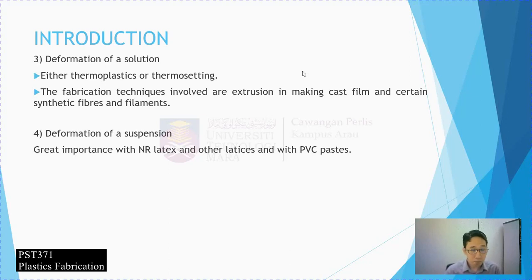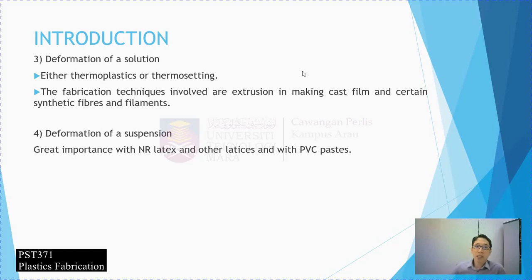It doesn't matter. Both of these industries are fast growing industries. The fabrication technique involved is extrusion in making certain synthetic fibers and filaments. Okay, some of this deformation of a solution is not producing a final product, but a secondary product that requires another process to produce a final product.